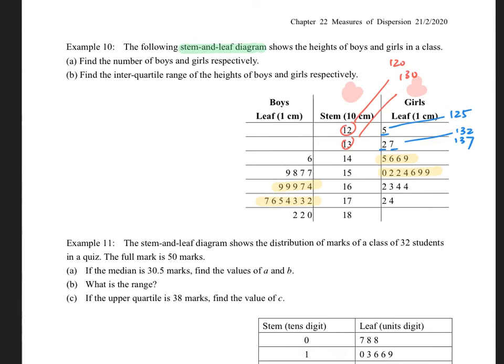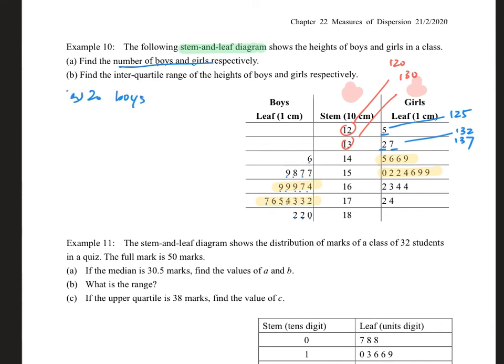So it is very good for reading the data. Now we come back to the question, which asks about the number of boys and girls. Each number on the leaf means one boy. So counting 1, 2, 3, up to 20, you know there are 20 boys.